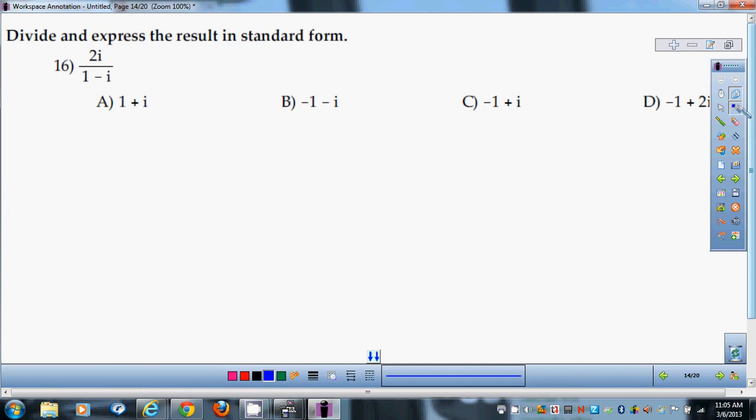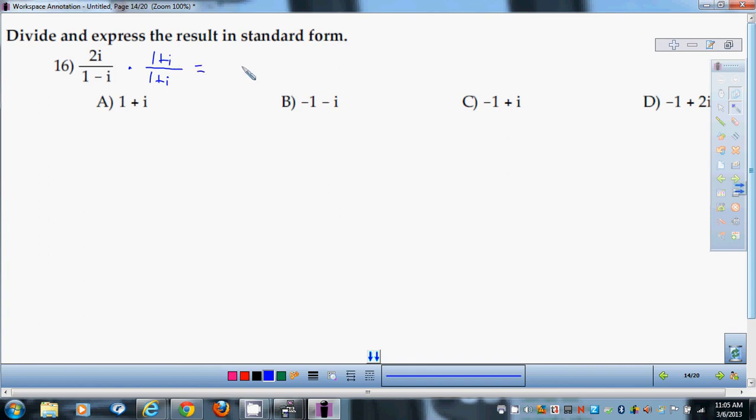Multiply it by the reciprocal. So, on the top, that becomes 2i plus 2i squared. And on the bottom, that becomes 1 minus i squared. What is i squared? Negative 1. So that's 2i plus 2 times negative 1, so minus 2.